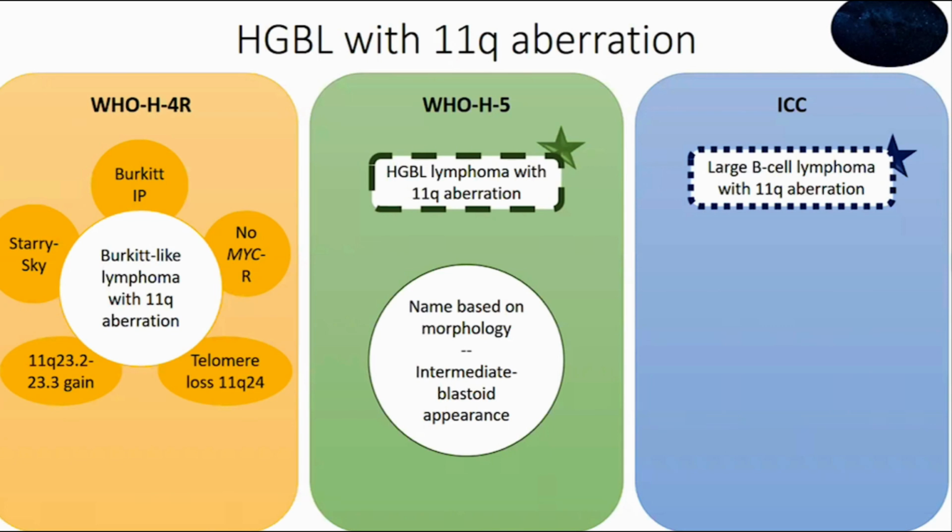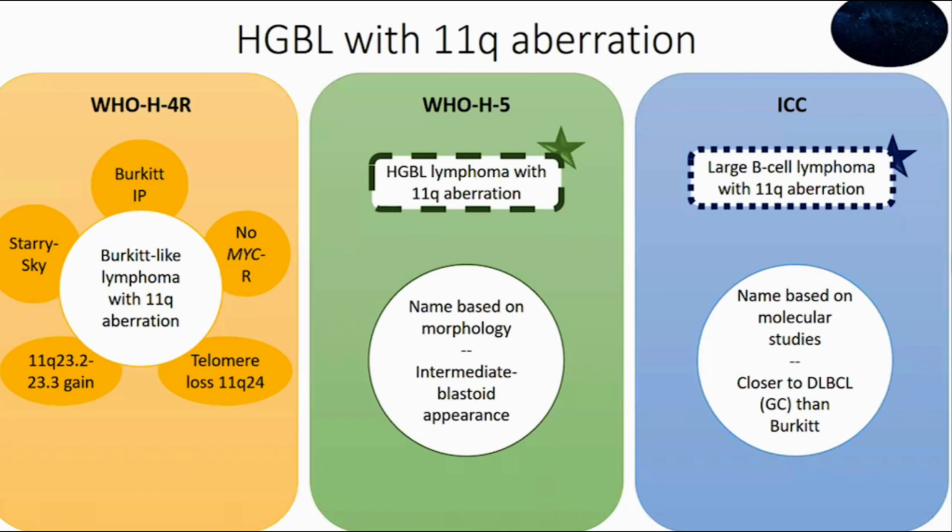But as far as where the WHO5 and the ICC classify this, WHO5 calls it high-grade B-cell lymphoma based on the morphology, as these cells typically have that blastoid morphology. The ICC prefers to call it a large B-cell lymphoma instead of high-grade, based on molecular studies that suggest the mutational profile is similar to DLBCL, the germinal center type.